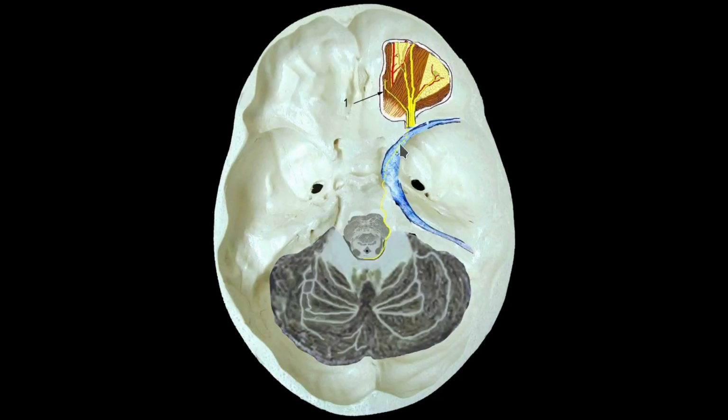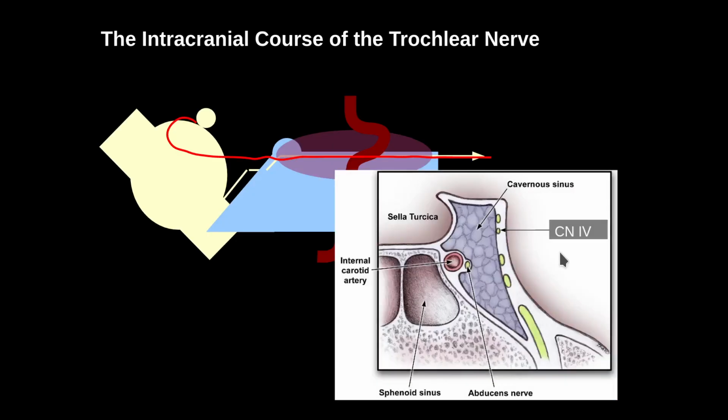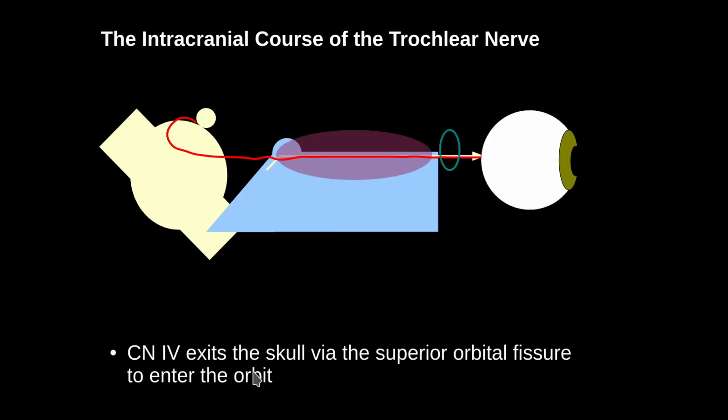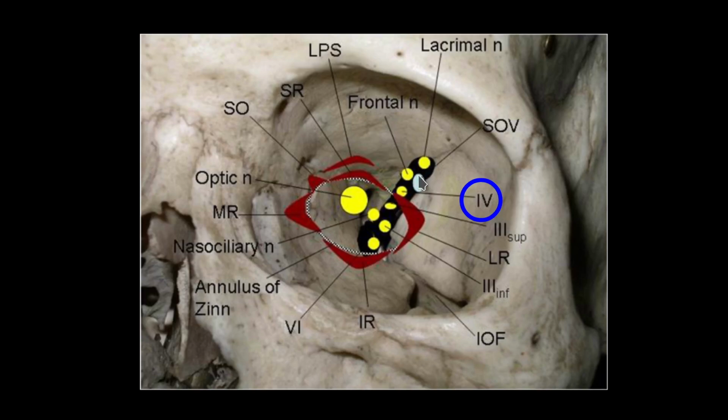So here visualized for you to get to its target over here. So where would we find it? It's found together with the cranial nerve 3 here in the lateral wall of the cavernous sinus, and exits the same fissure over here.